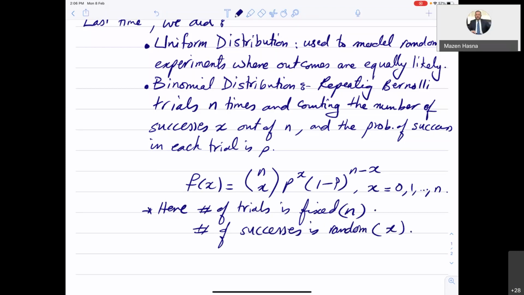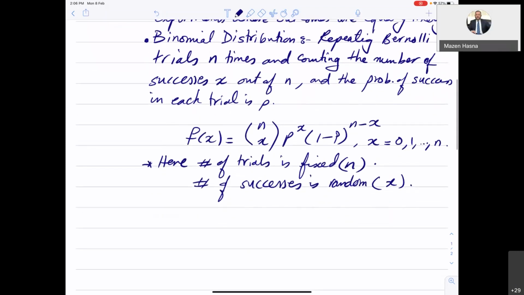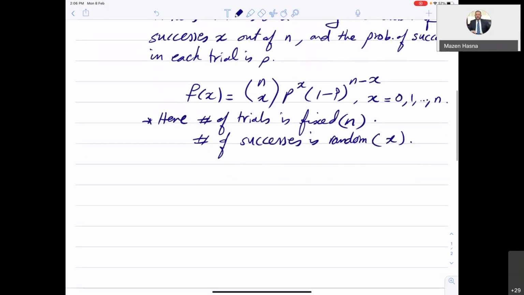That's why we calculate the probability of X. We do not calculate the probability of something that is fixed. Like the example of last time, we are transmitting 4 bits. What's the probability of transmitting 4 bits? I'm telling you that we are transmitting 4 bits, so it's not a random thing to calculate the probability. I can ask you, what's the probability that I will get 1 bit in error or 2 bits in error, and so on.